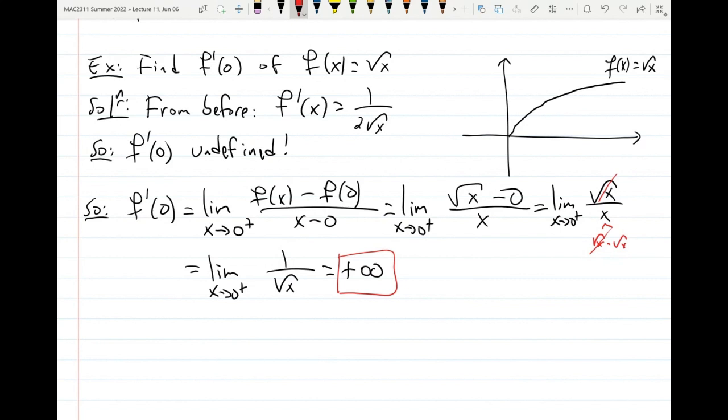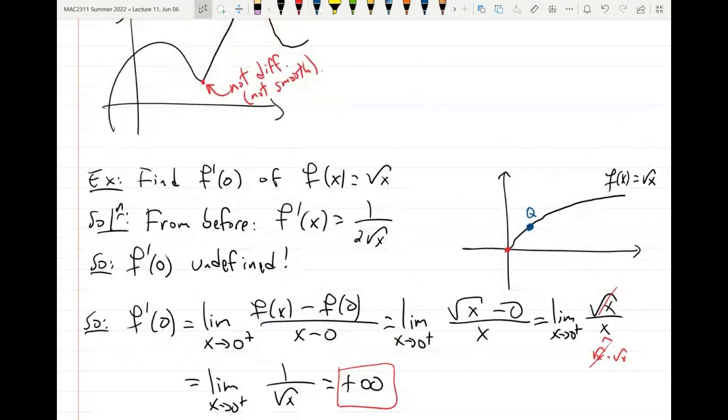And indeed, very interesting what happens at this point. If we pick another point here, all right, this is a point Q, and if we move towards the red point, what's going to happen to the secant lines? Notice that this line right here, it'd be nice if I was taller, but not.